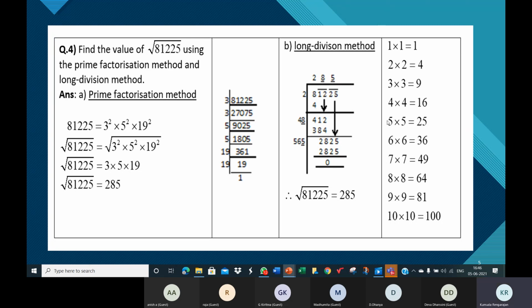Yes, I'm going to explain the long division method, the prime factorization method. I want you to have a look and ask me if you have any questions. I'll explain the long division method. So here we have 81,225. We need to find the square root of this number using the prime factorization method as well as the long division method.